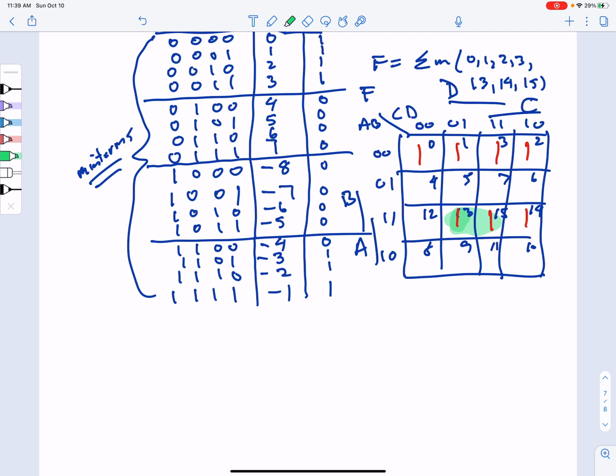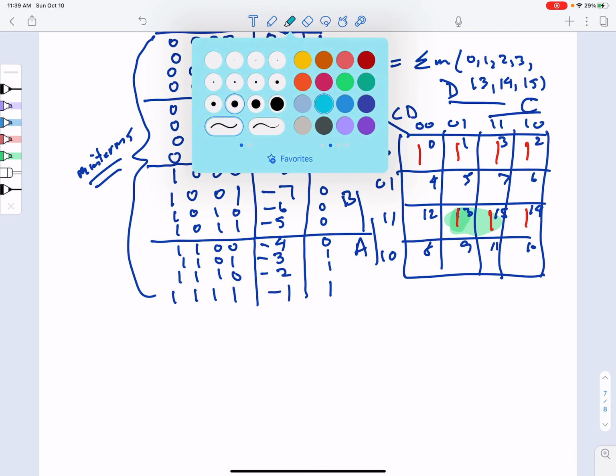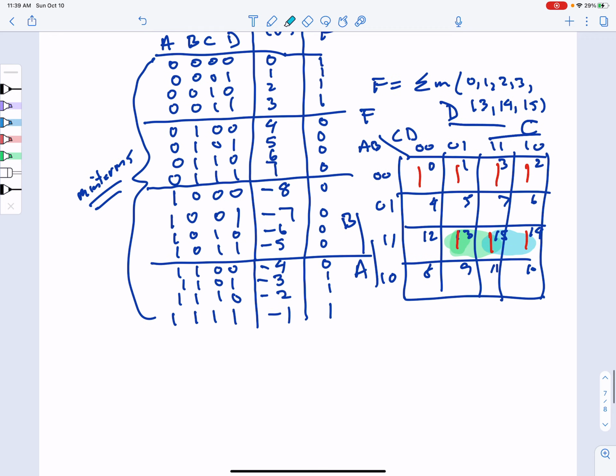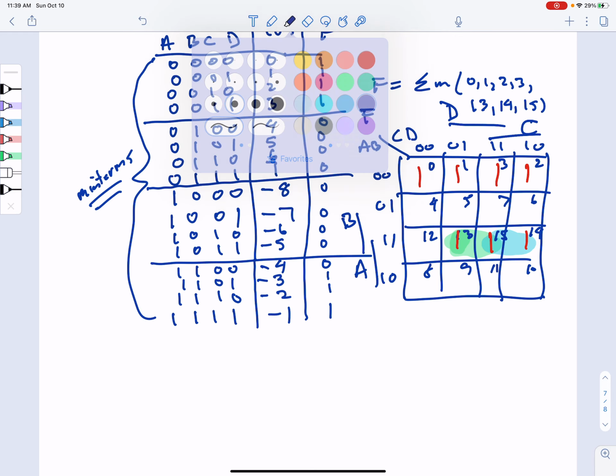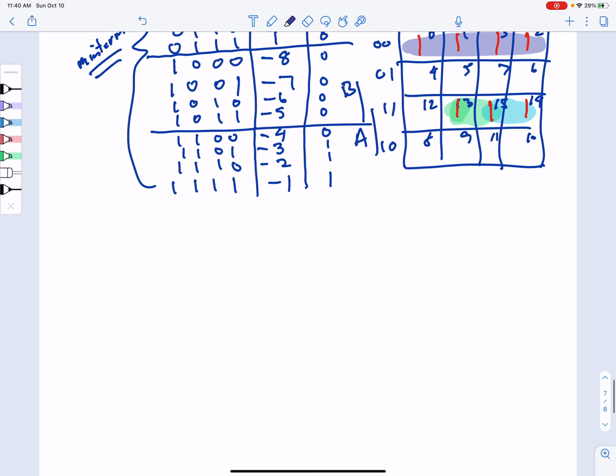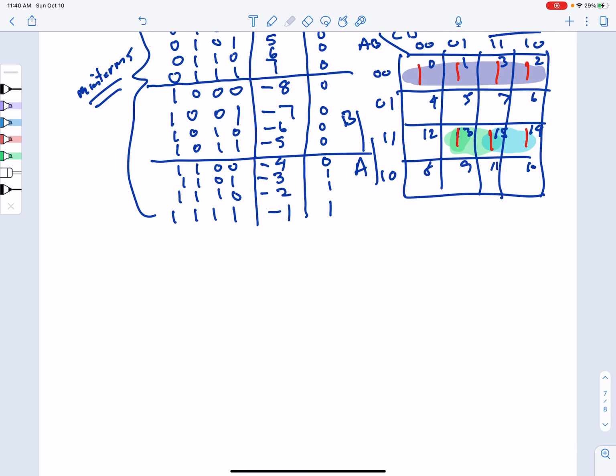Then I need to cover 14, so here's another group of 2. Finally, to get 0, 1, 2, and 3, I see a group of 4.